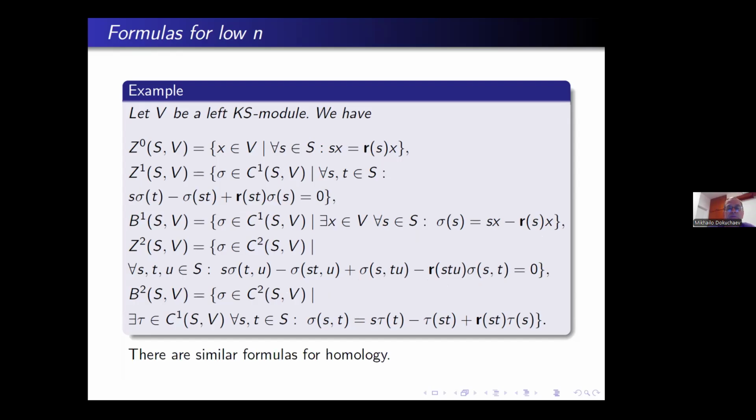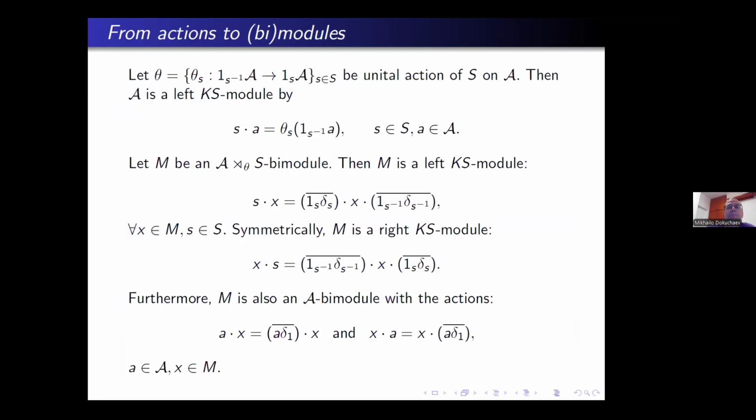We have similar formulas for homology. Now, in order to build up the spectral sequence, I can say a few words how it is done, but I won't show the details.